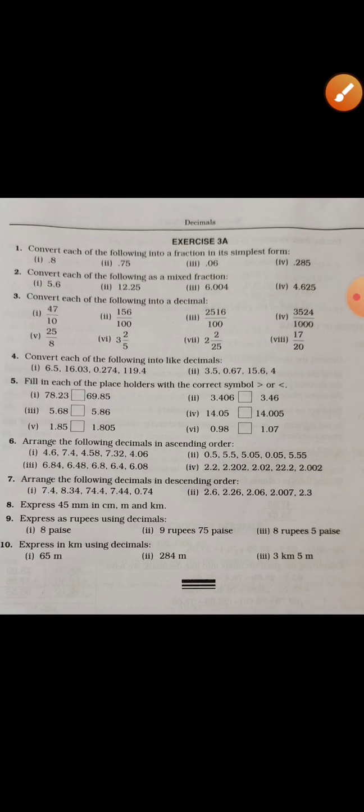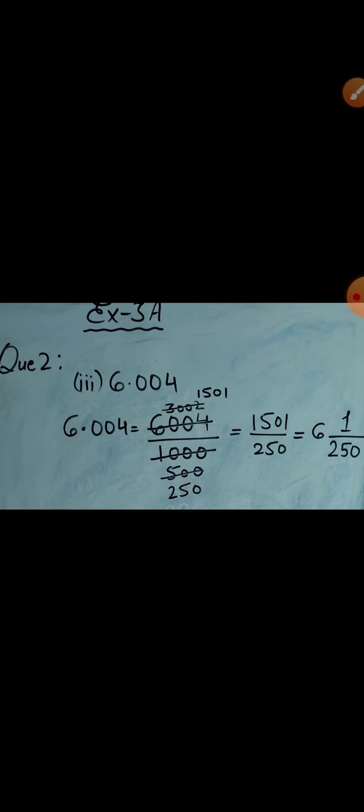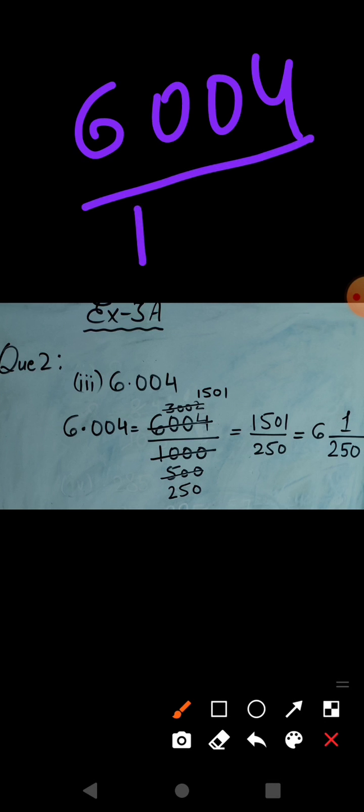Now come to the question number second. Convert each of the following as a mixed fraction. So first we will convert this into, I am doing the third one. First we will convert into simple fraction, as we will write 6004 without decimal and put 10 in the denominator and see how many was the decimal places.